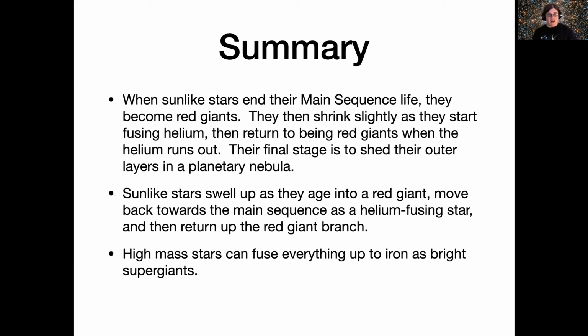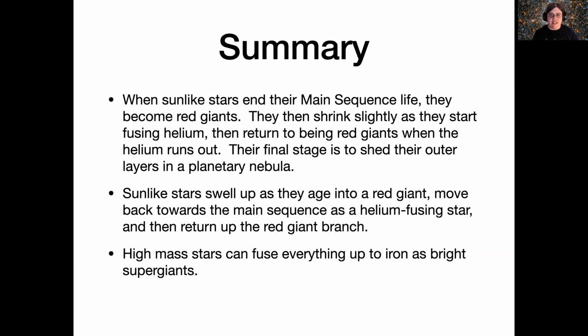So in summary, sun-like stars end their main sequence life. They become red giants. They then get hot enough that their cores can start to fuse helium, so they become helium-fusing stars, horizontal branch stars, you sometimes hear them called.